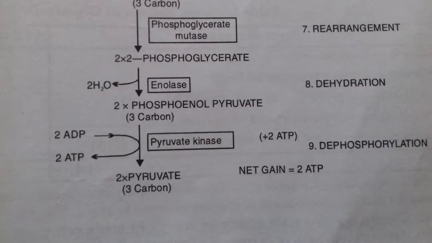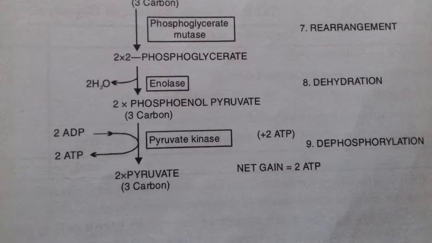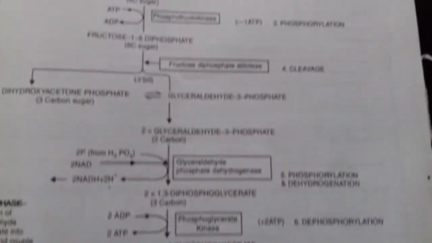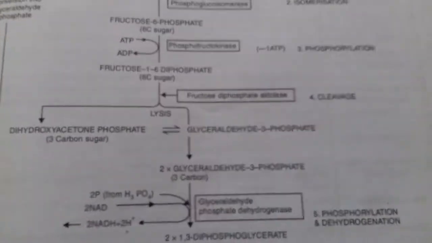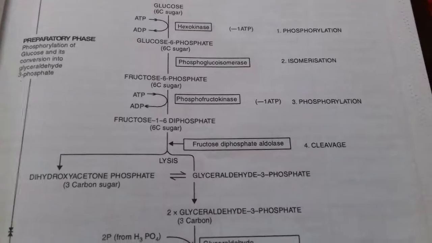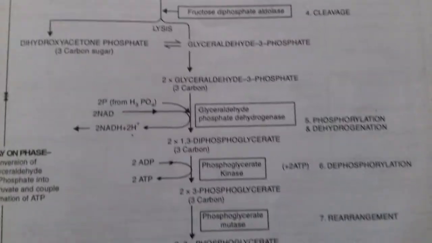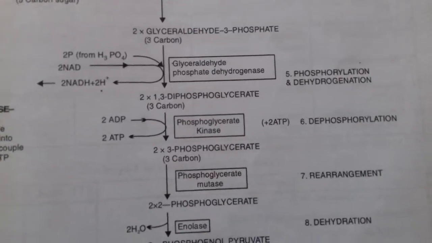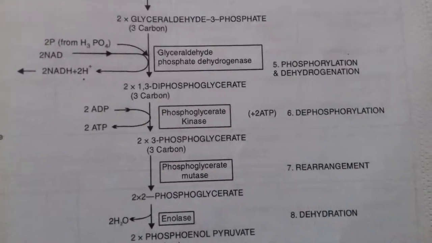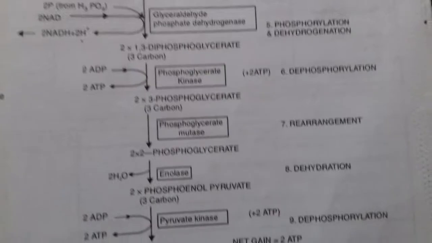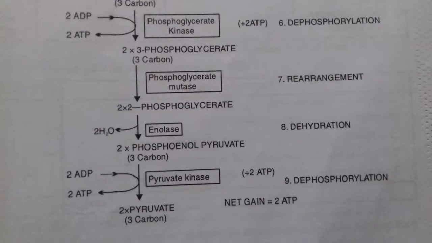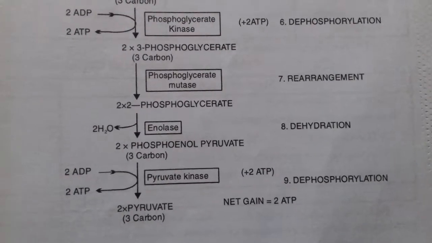Then in the last step there will be recovery of the ATPs. 2 ATPs were wasted in phosphorylation step 1 and step 3, and 2 ATPs were recovered in dephosphorylation step 7, but in the 10th step we will gain the ATPs overall.